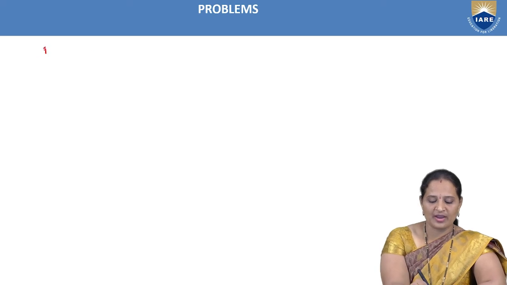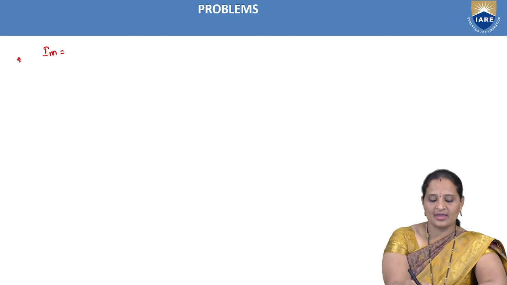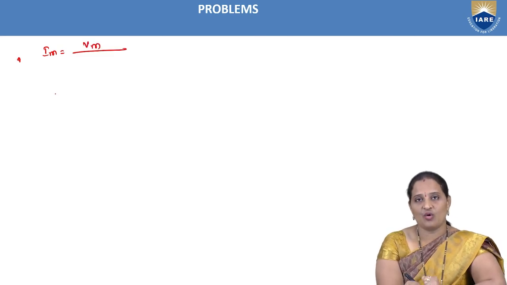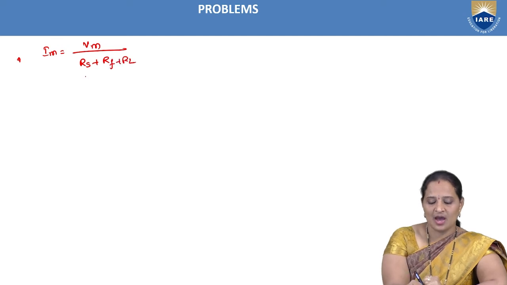And now we need to find out the maximum current value, that is Im. So Im is equal to Vm divided by, and he has given all the resistances. So the formula for Im is given by Vm divided by Rs plus Rf plus RL.